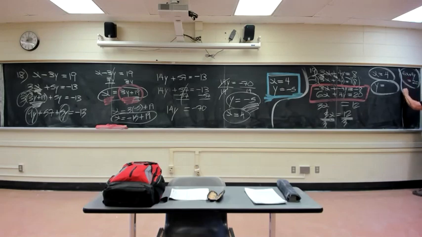So let me put 6 times 4 plus 4y. I don't know what 4y is. I got 20. 6 times 4 is 24. 4y is 4y. And this is 20.